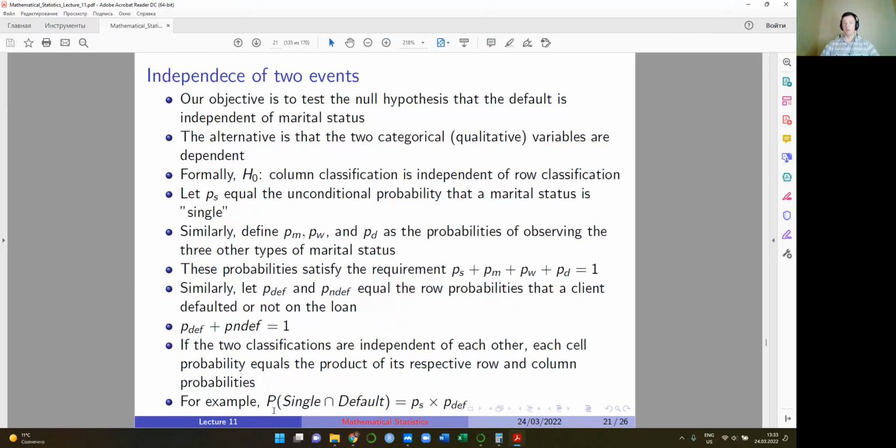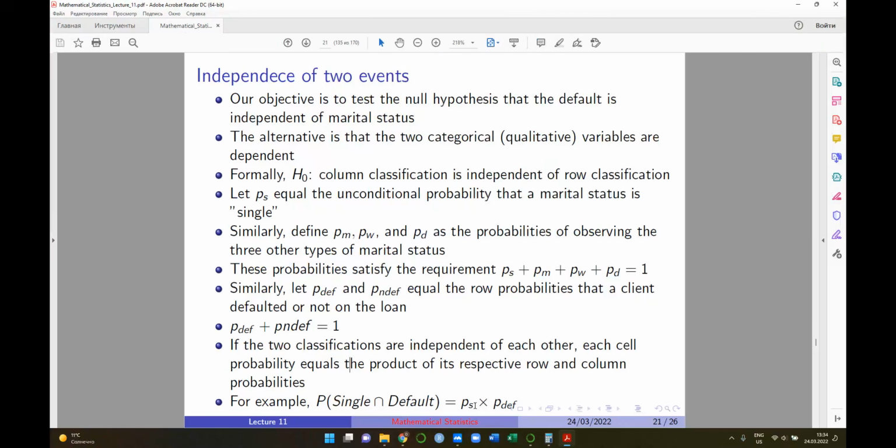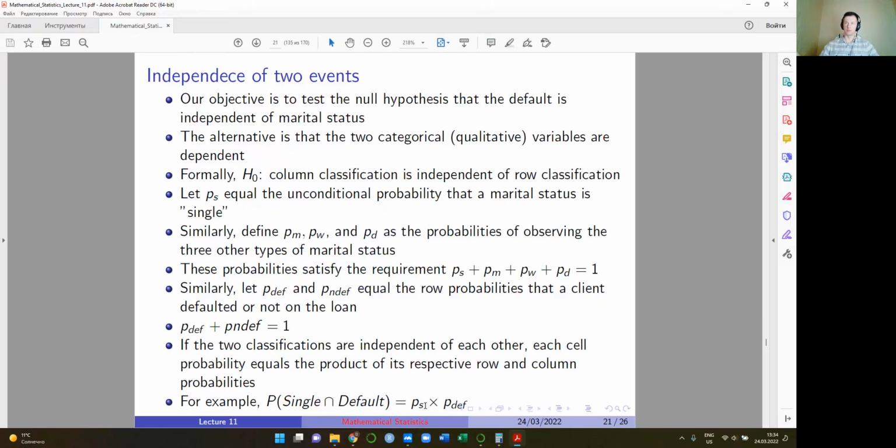Like this: the probability that you will select a single and defaulted person is equal to the product of the probabilities that the person is single, unconditional probability, and the person is defaulted. We did this in lecture number 3 or 4 of the probability course. If you want, you can revise. All the lectures are available.